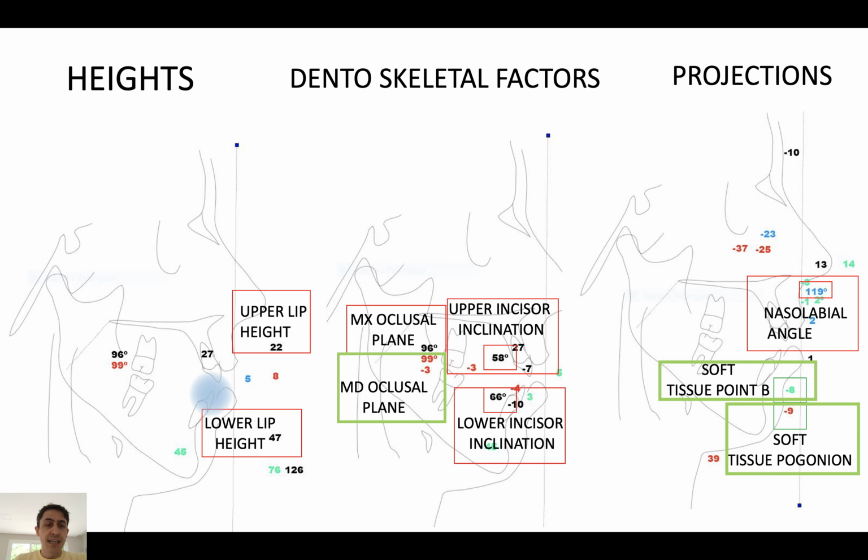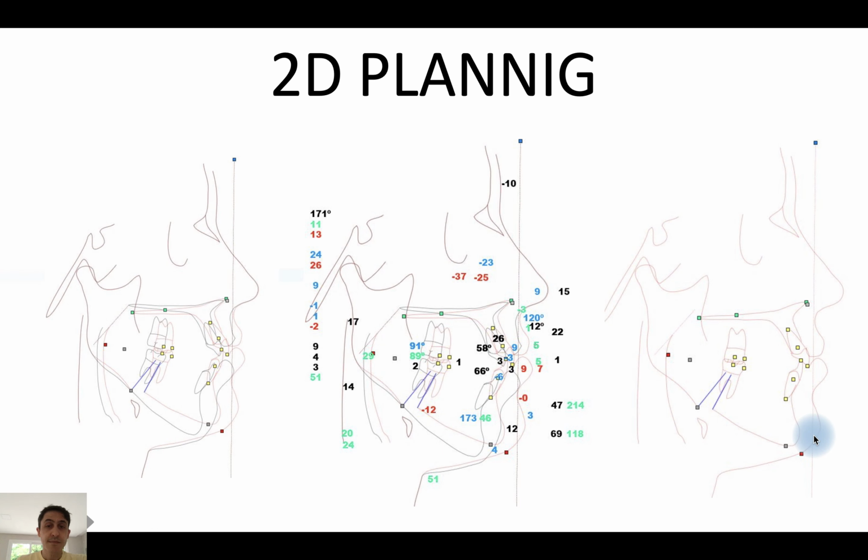And from this, I can get some significant, meaningful information about this patient, mainly because it's a surgery first case, when you need to know details about the upper incisor and lower incisor inclination. You can get important diagnostic information about the position of the soft tissue point B and soft tissue pogonion.